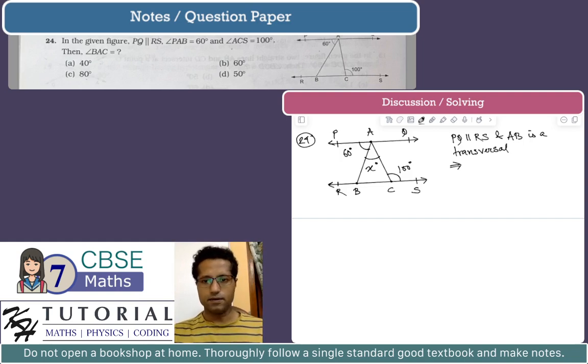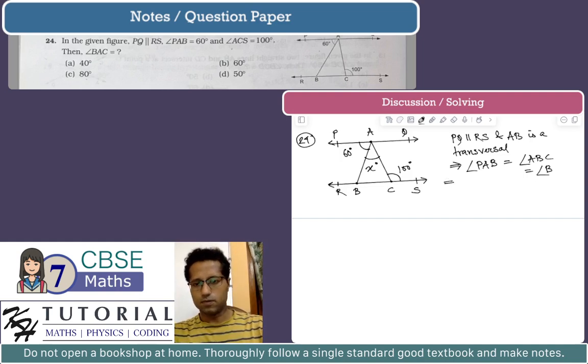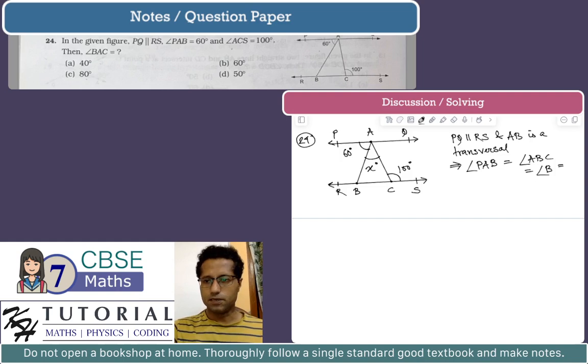Angle PAB is one such alternate interior angle, and the other is angle ABC, which is actually angle B of the triangle ABC. This is equal to angle PAB, which is given to be 60 degrees. So we got angle B equal to 60 degrees.